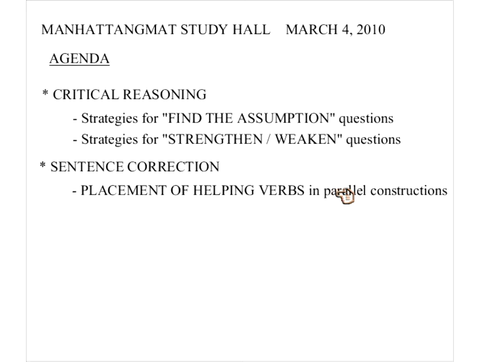Okay, let's start out with some find the assumption type problems. Before we do anything like that, I'm going to start you off with a very simplistic example of what finding the assumption is.